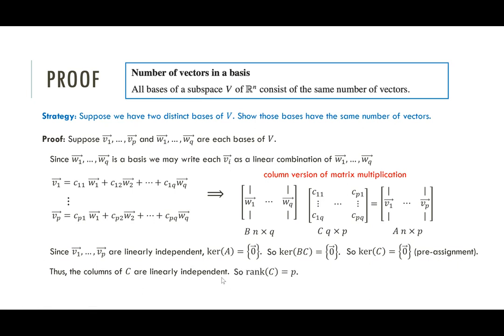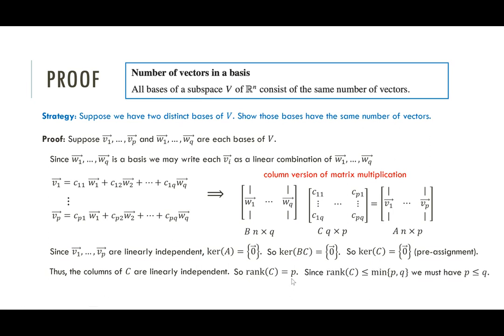And that tells us that the rank of C is P. So the rank of C has to equal the number of columns. Since the columns are all linearly independent, when you take the reduced row echelon form, you're going to get a leading one in every column. So the rank is equal to the number of columns.